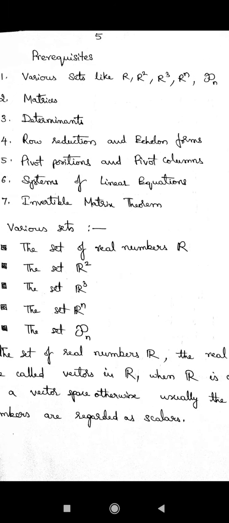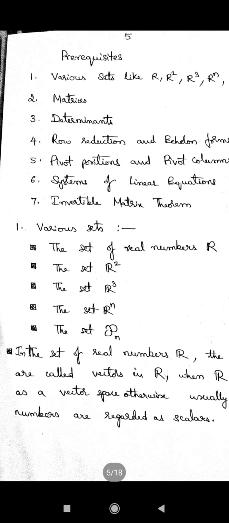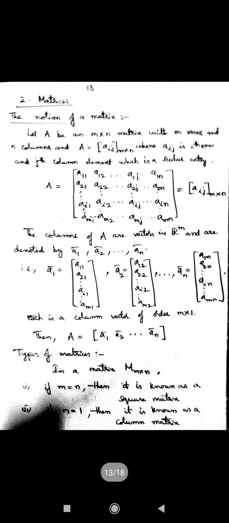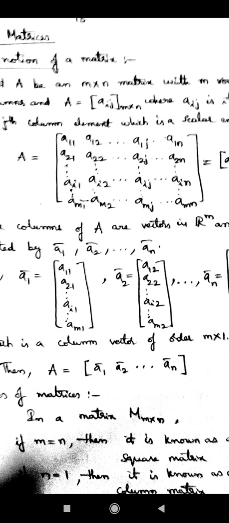Now we have gone through the second prerequisite for linear algebra, that is the topic matrices. In the topic matrices, you have already learnt in previous classes, intermediate or so. But here it is a recalling of the same things, though in some places we have come across new things also. What are the new things here?